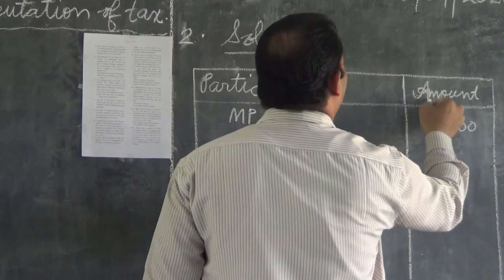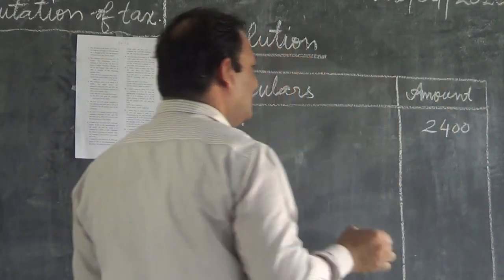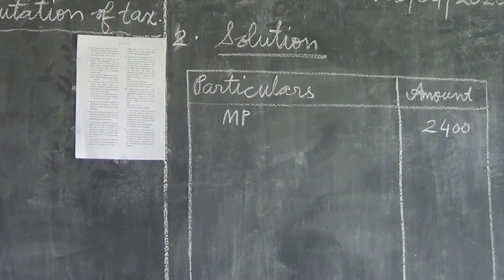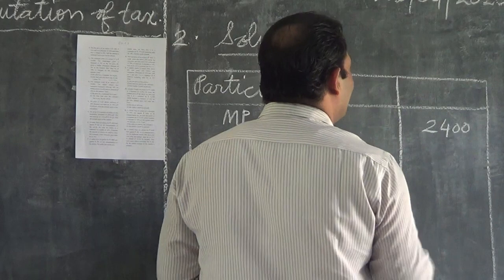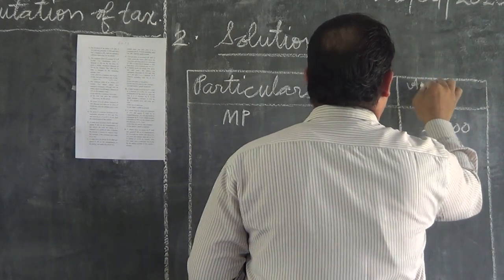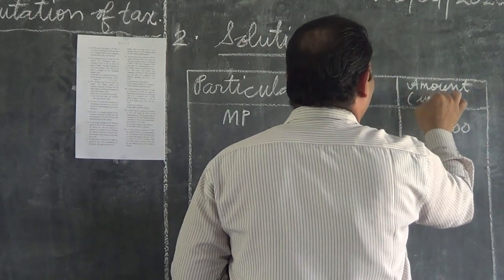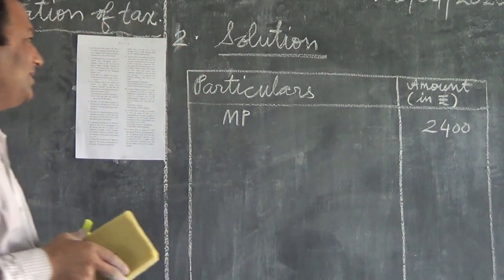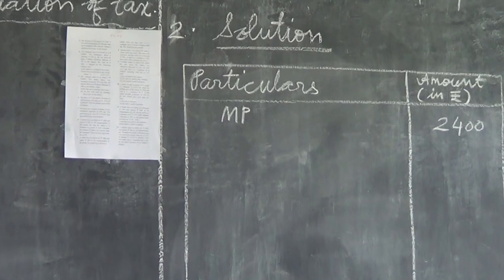You can write amount in the rupee symbol in brackets in the heading, so that there is no need to write the rupee symbol always. Otherwise it will trouble you. MP is 2,400 mark price.